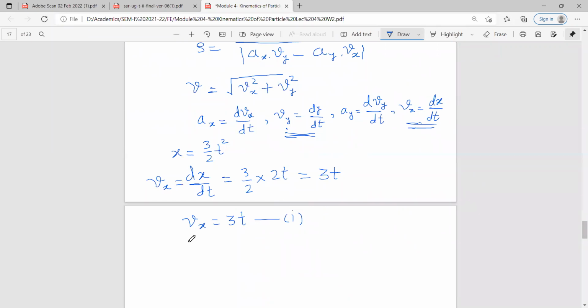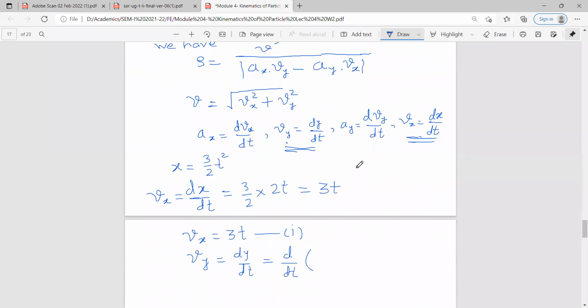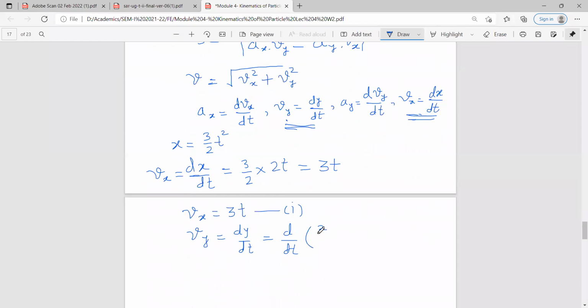Next you calculate velocity in y direction. It is nothing but dy by dt. What is the value of y? The value of y is 2 by 3 t cube.